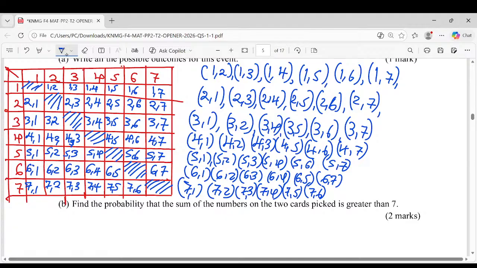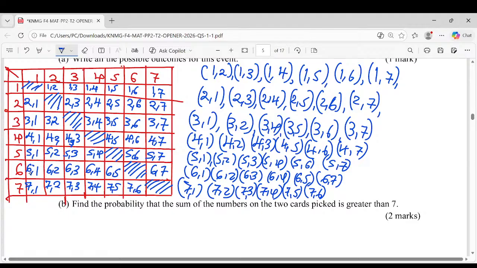So let us see the ones that give a summation that is more than 7. I think I can just count how many are not giving more than 7. 1, 2, 3, 4, 5, 6, 7, 8, 9, 10, 11, 12.